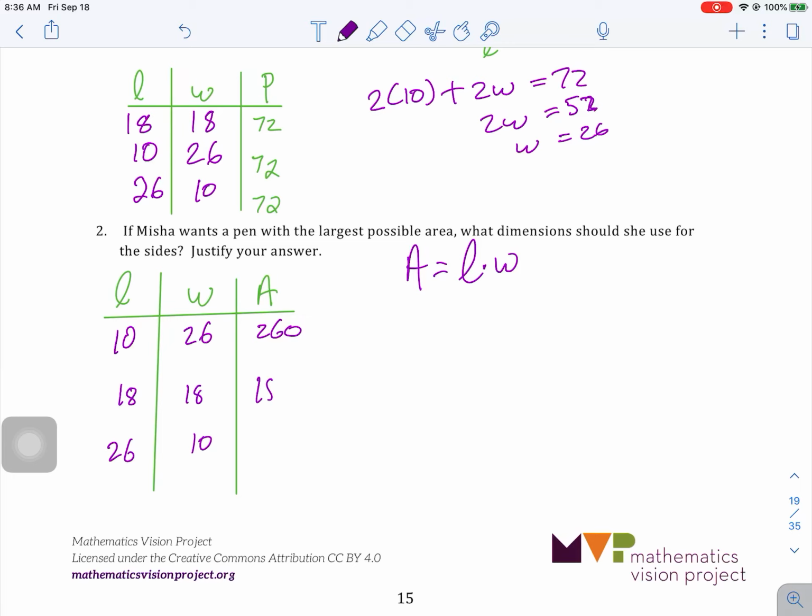In this case, 18 squared. In this case, 260. 18 squared, I don't know that one off the top of my head. 8 and 6 is 14, 18 times 18, I get 324, hopefully. So we can see that when the length and width are the same, the area is the greatest at 324.